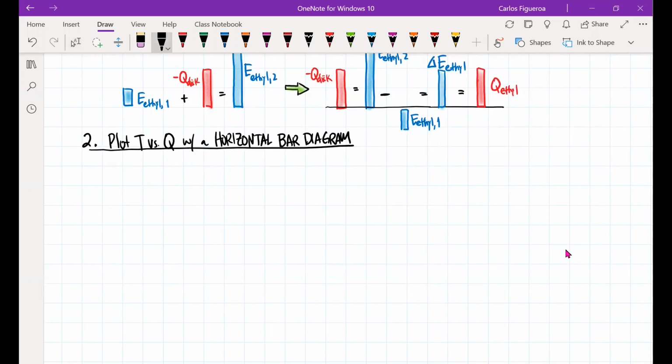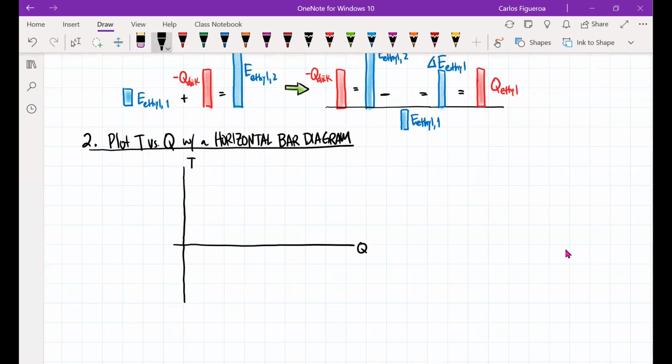I want to try to draw a nice big one here. So let me go 2, 4, 6, 7. And then I think I'm going to set my central axis right here. So this is the temperature, and this is the heat right here.